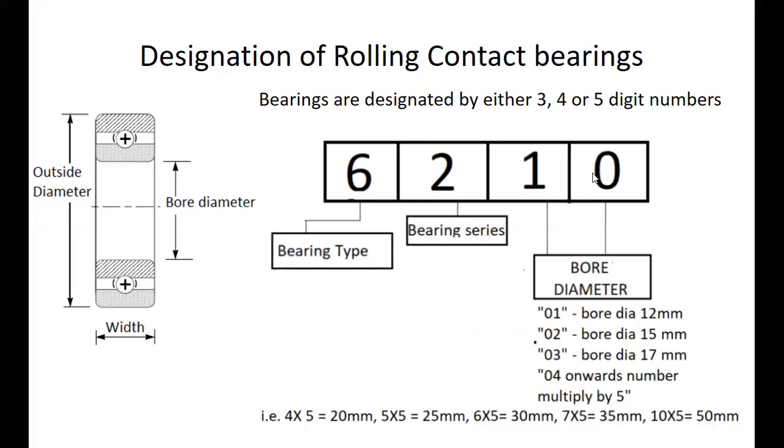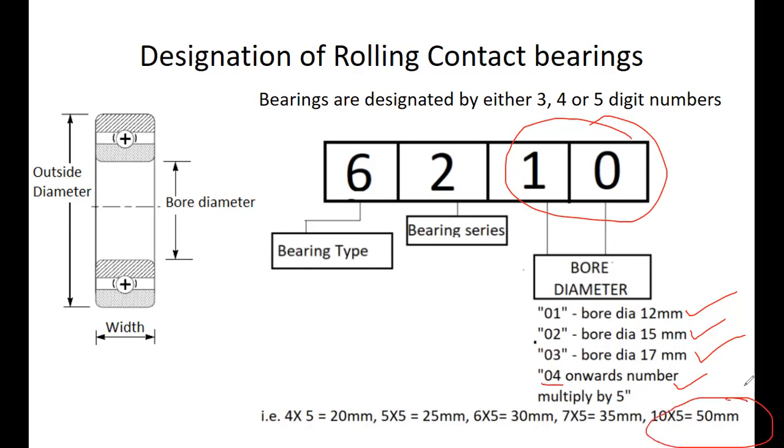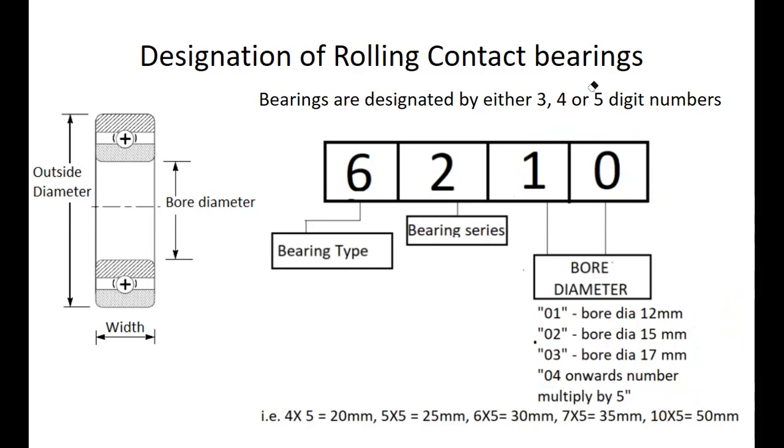So 01, like I said, indicates 12 mm, 02 indicates 15 mm, 03 indicates 17 mm, and from 04 onwards, 5, 6, 7, 8, 9, 10, whatever is there, you have to multiply it by 5. So 10 indicates 10 5s are 50 mm. Very easy designation of rolling contact bearings.